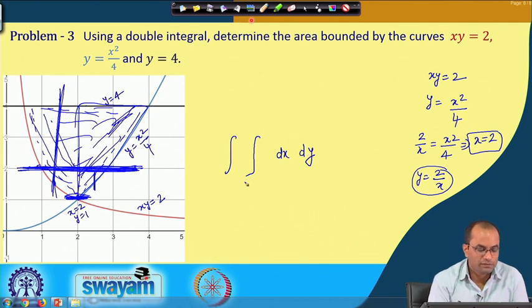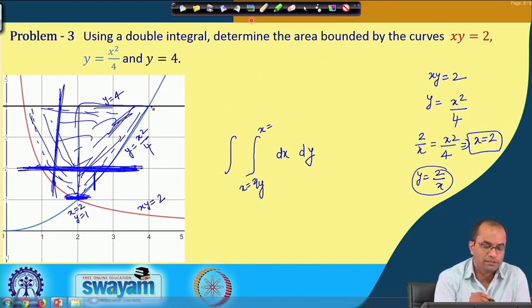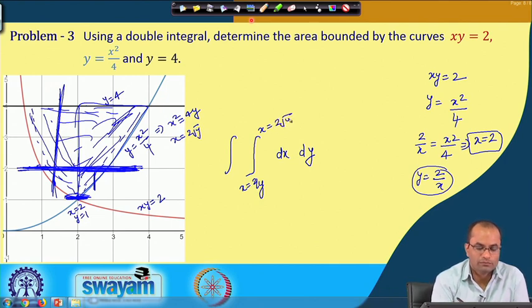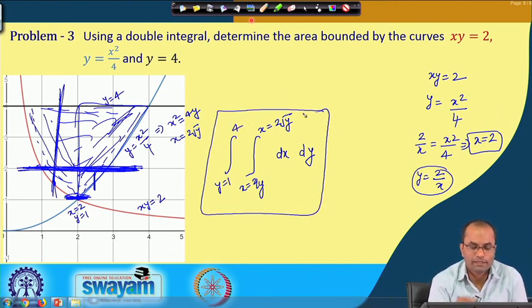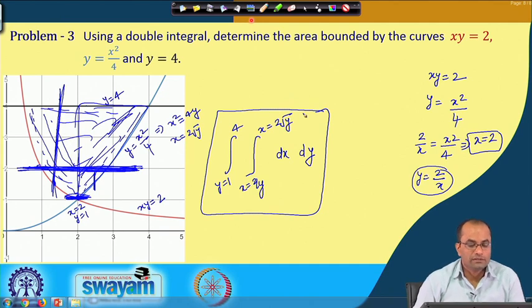For the inner one we are moving from xy = 2, that means x is 2 over y, and the upper boundary will be given by x² = 4y, that means x is 2 square root y. And for y we will go from 1 to 4. So, that is the area bounded by these three curves.